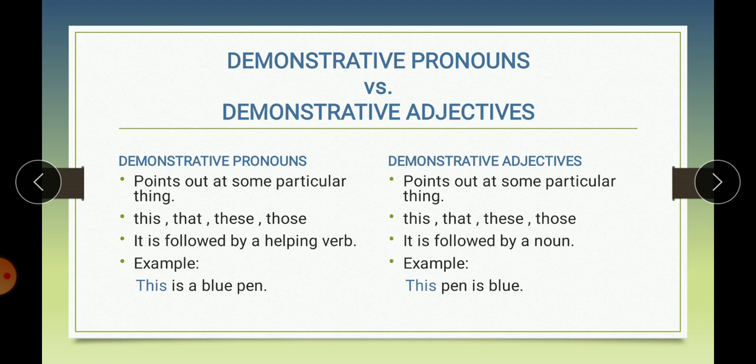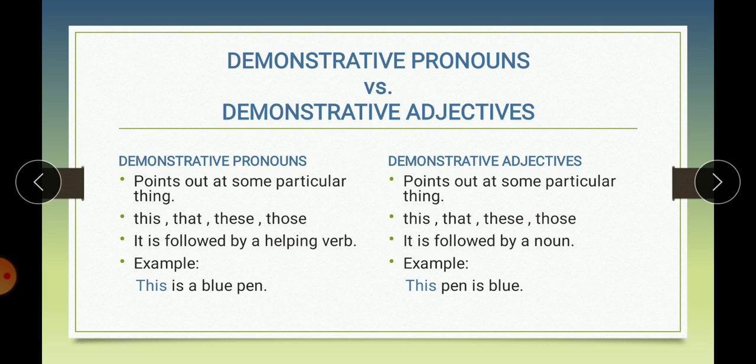Now, what is the difference between demonstrative pronouns and demonstrative adjectives? Both are used for pointing out at some particular thing. Both have these four words: this, that, these, those. Now, difference comes here.